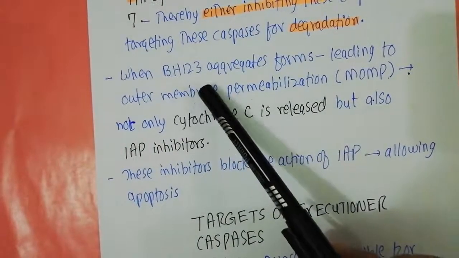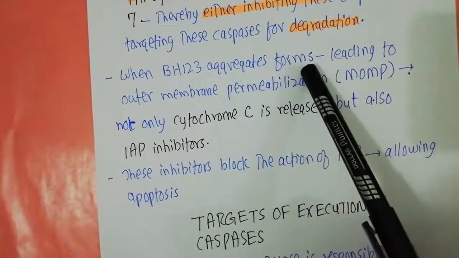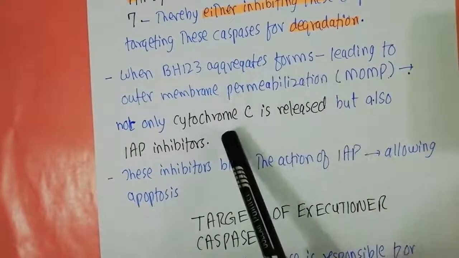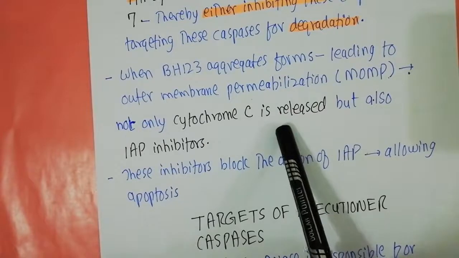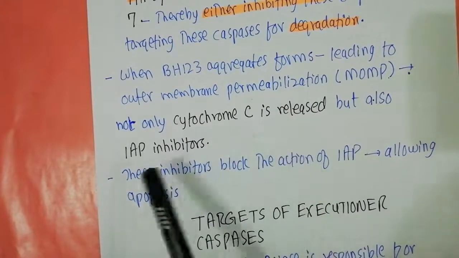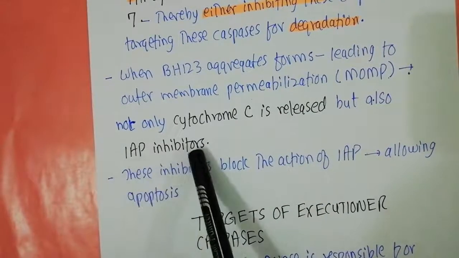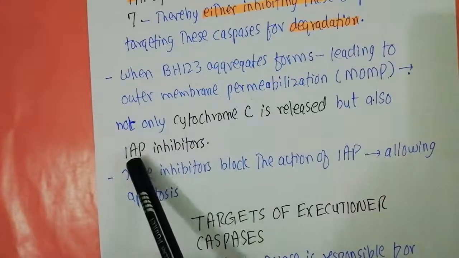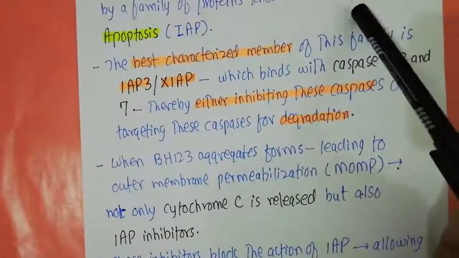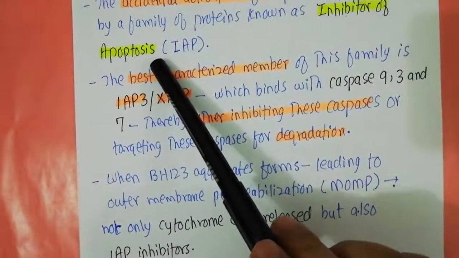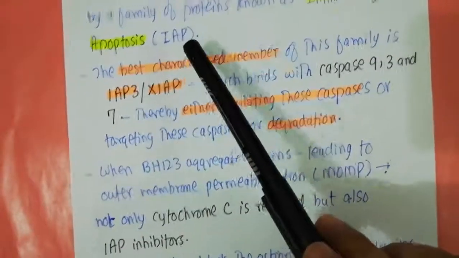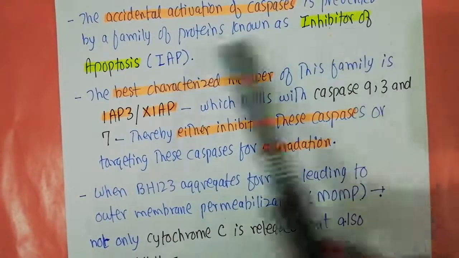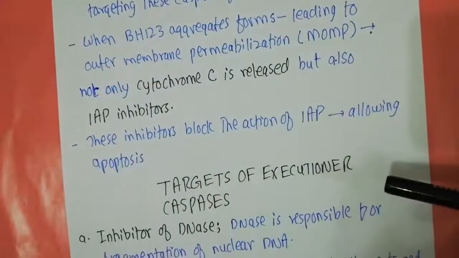But when these BH123 aggregates are formed, they are not only responsible for the release of cytochrome C, but also for the release of the IAP inhibitors. That means you are actually releasing the inhibitors of the inhibitors. These are the inhibitors of apoptosis, and they are stopping the process of apoptosis. But when you stop the activity of these inhibitors, that means you can go for the process of apoptosis.